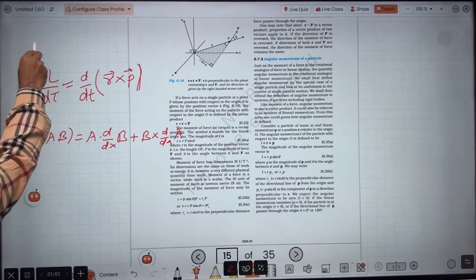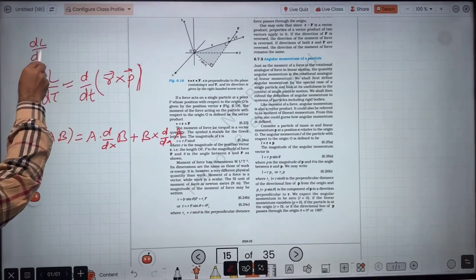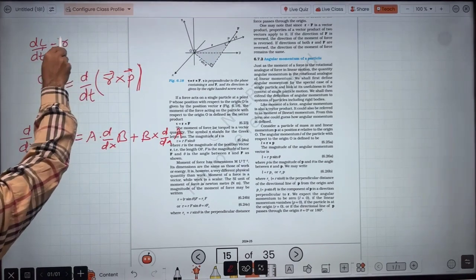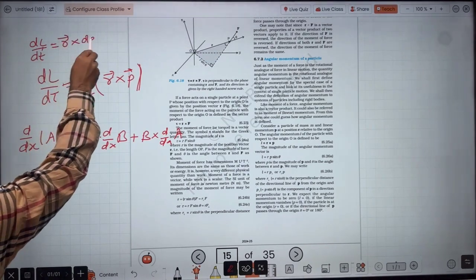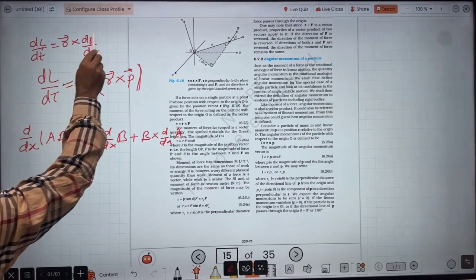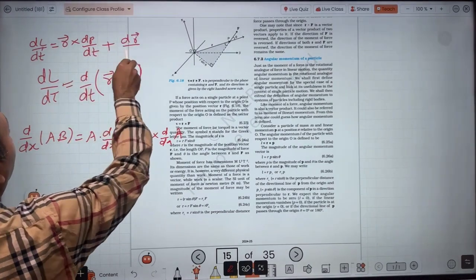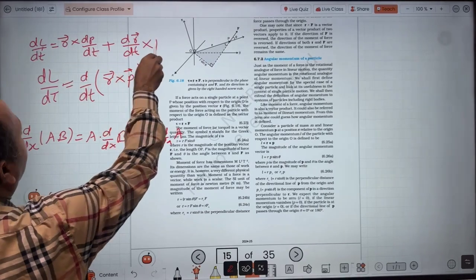So if we apply that rule, we will get dL upon dt equals R cross dp upon dt plus dr upon dt cross p.